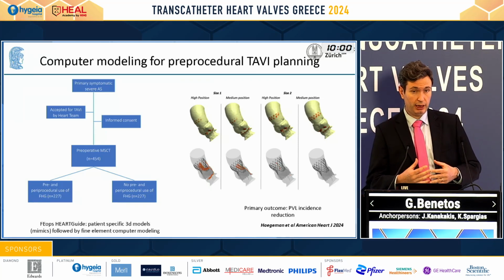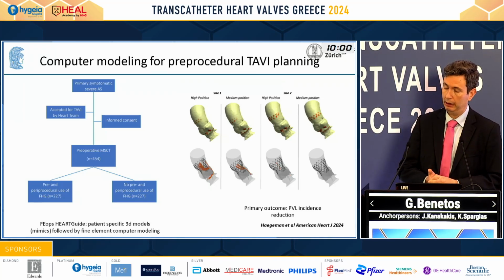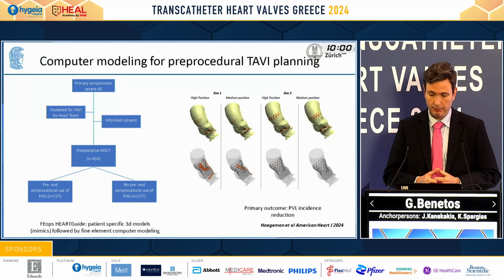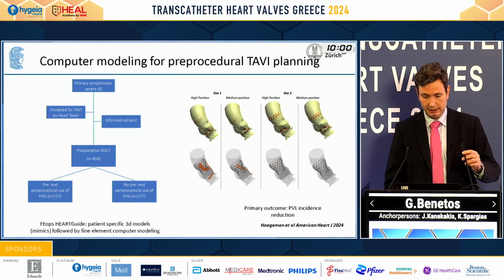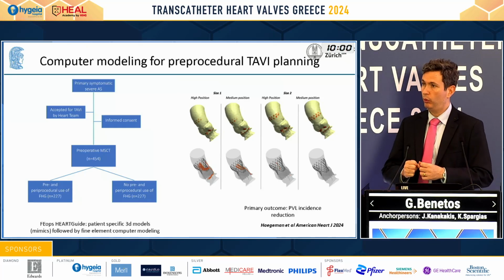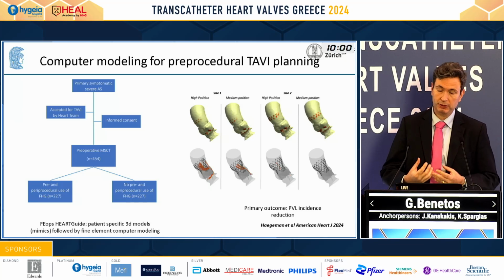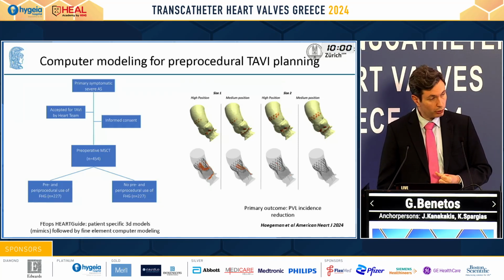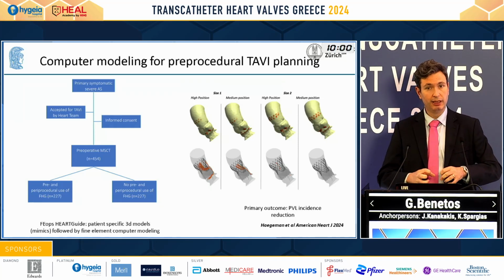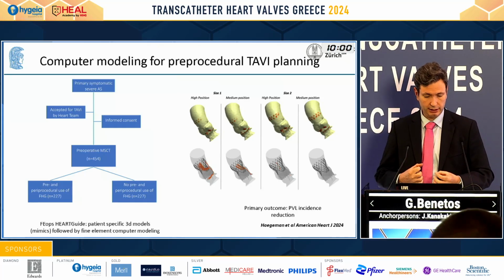At this moment, I would like to say that there are, of course, advances in pre-TAVI measurements. This is a study design where they use the data acquired from the CT. They upload them to specific software called Mimics in order to make three-dimensional models of the whole aortic annulus and ascending aorta.